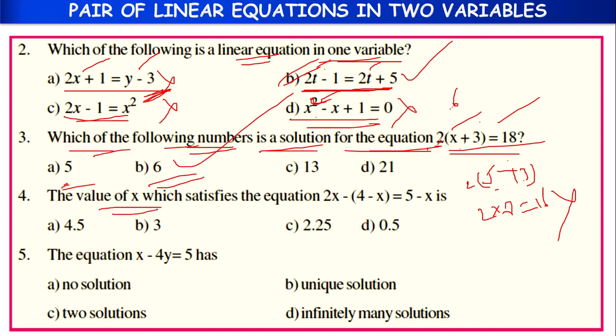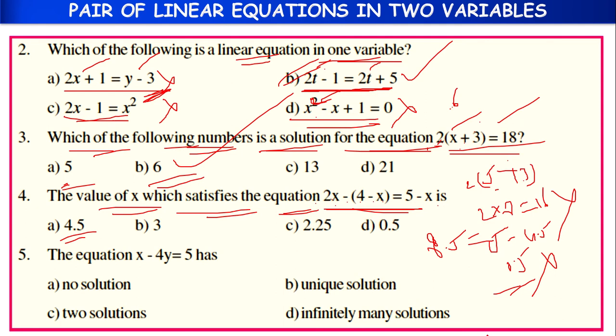Next, the value of x which satisfies this equation. Option A, 4.5: 2 into 4.5 is 9, minus 4 minus 4.5, which is 0.5. 9 minus 0.5 is 8.5. So 8.5 is not equal to 5 minus 4.5, which is 0.5.